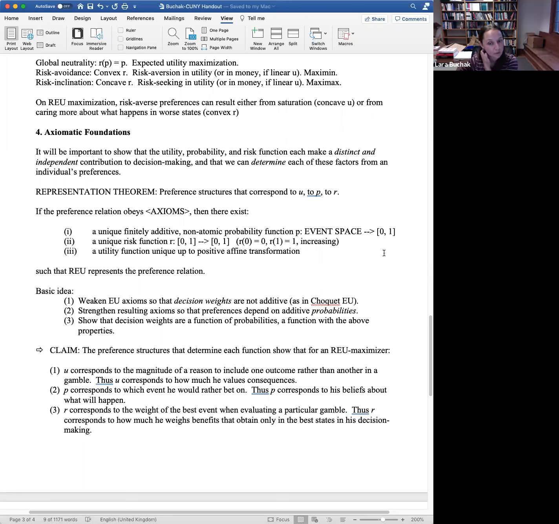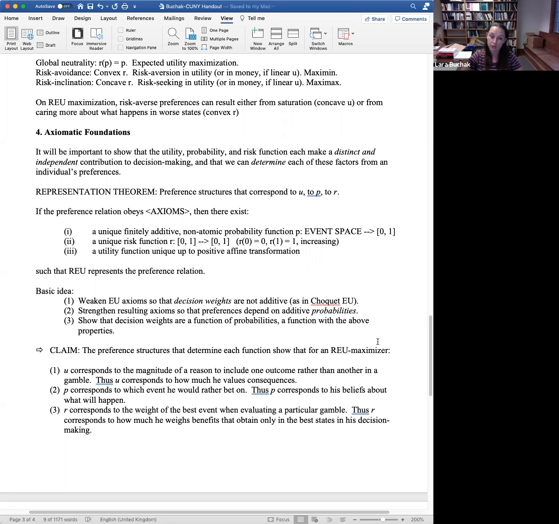My claim is that the preference structures that determine each of the functions show that these functions correspond to the things I was mentioning that conceptually they're supposed to correspond to. The utility function corresponds to how much you want to include one outcome rather than another in a gamble. In other words, it corresponds to how much you value consequences.